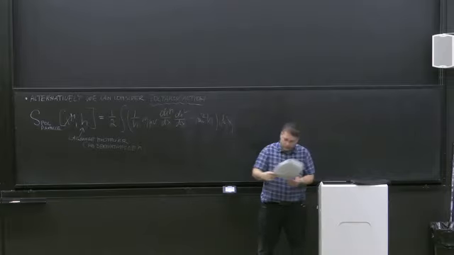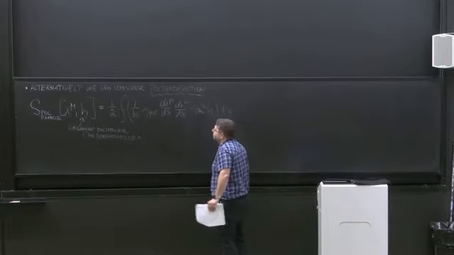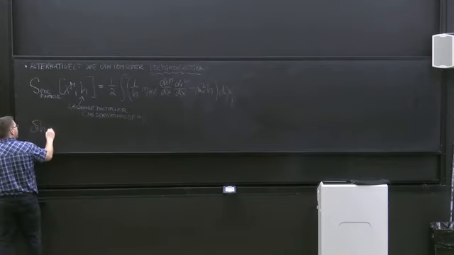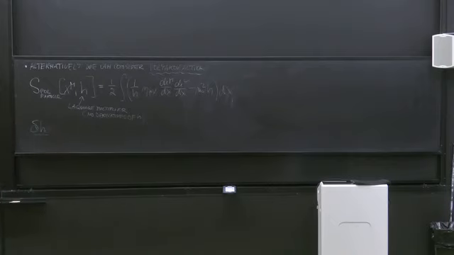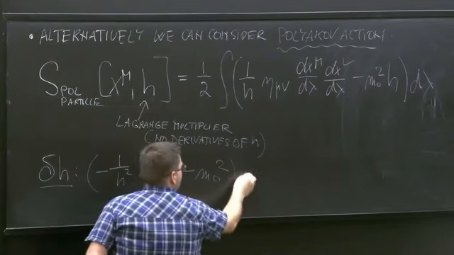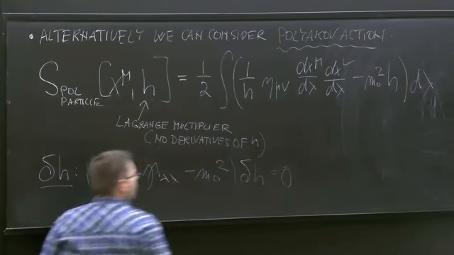Okay, so then what you do is the variation delta h. That's very simple. So you have 1 over h, that gives you minus 1 over h squared, and then this gamma lambda lambda, and then minus m0 squared delta h is equal to 0.